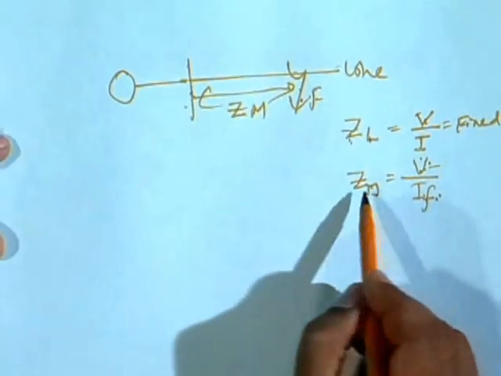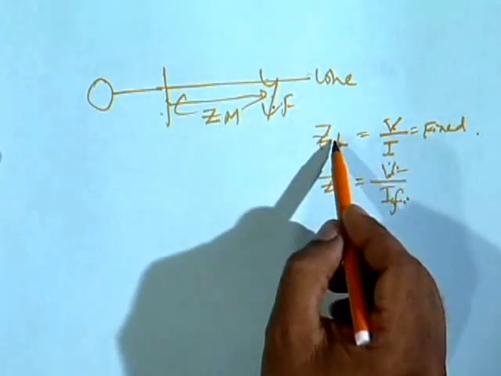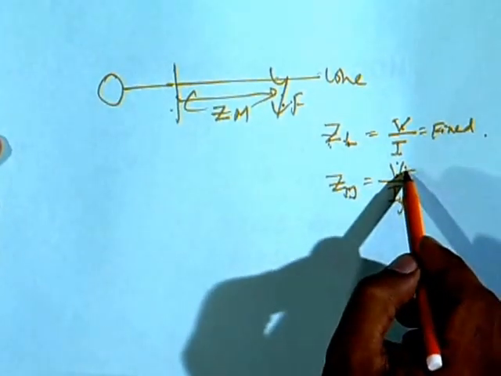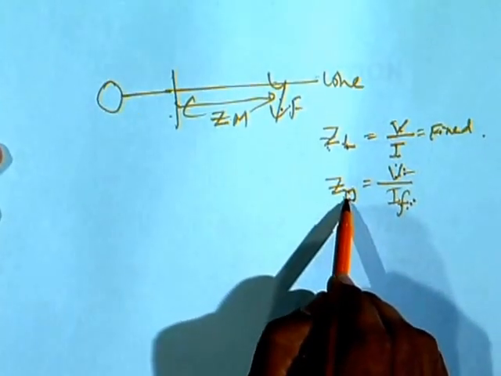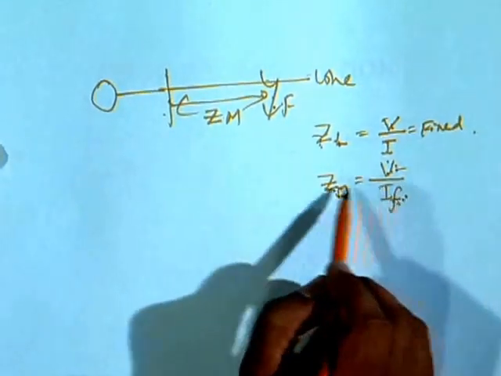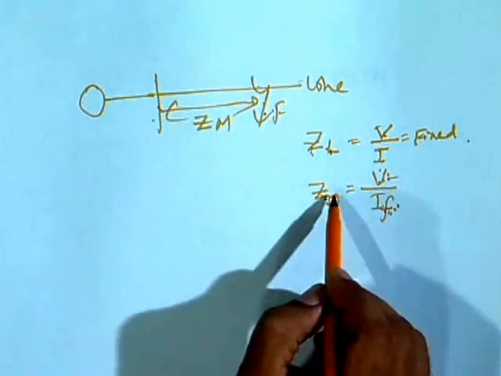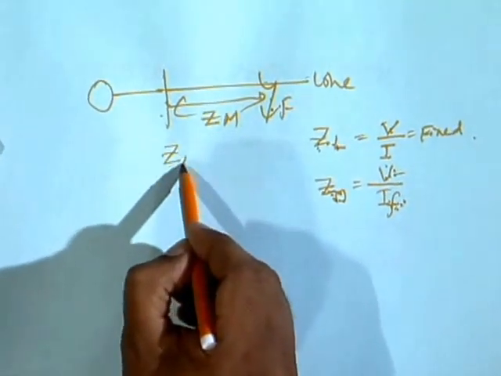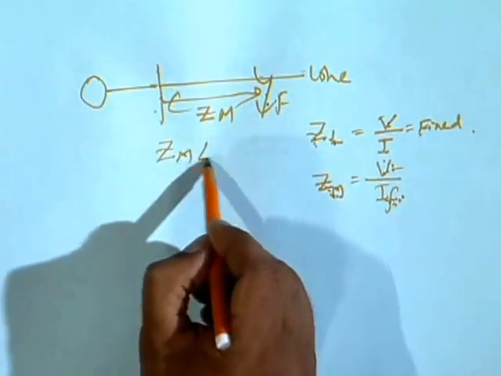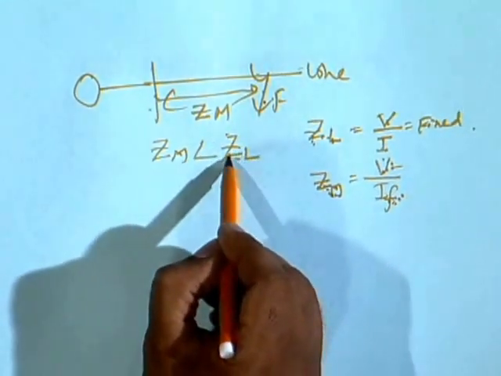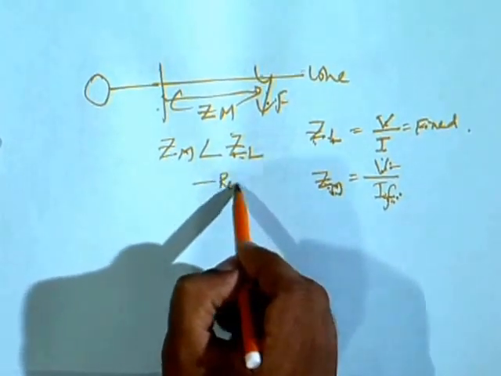So this Zm falls much below ZL. Because the fault current is more and the voltage falls, the impedance also falls, because they have inverse characteristics. So when Z measured is less than the set load impedance, then the relay will operate.